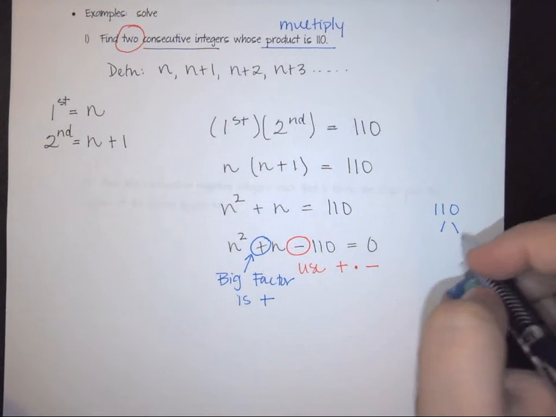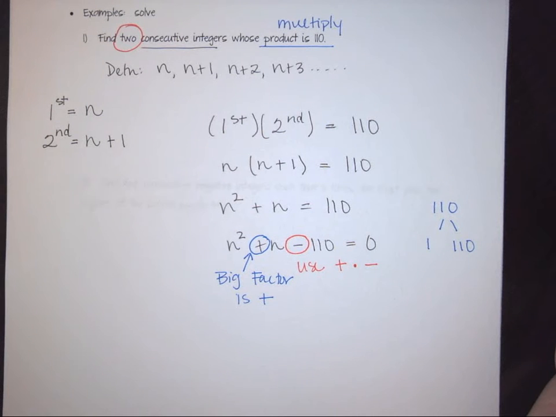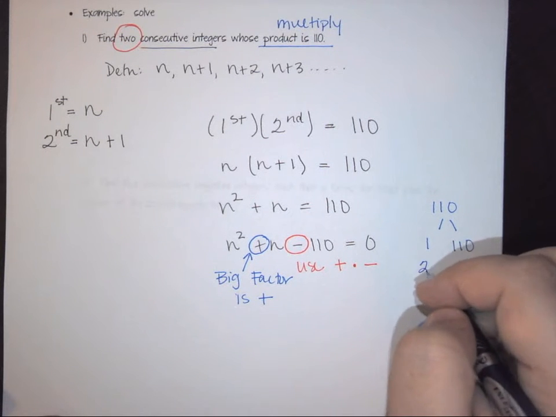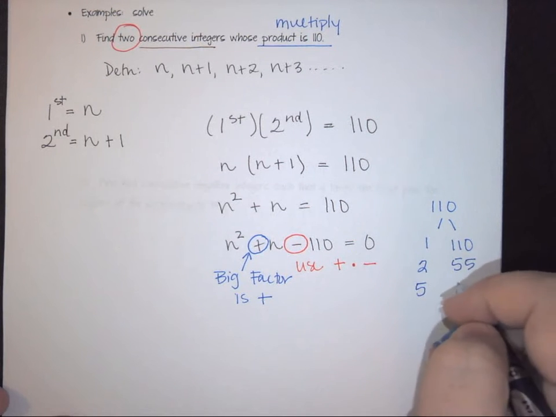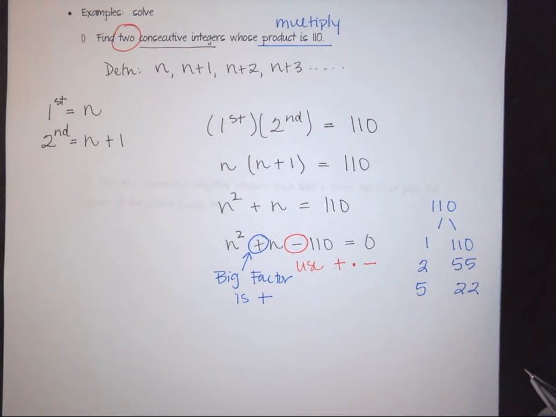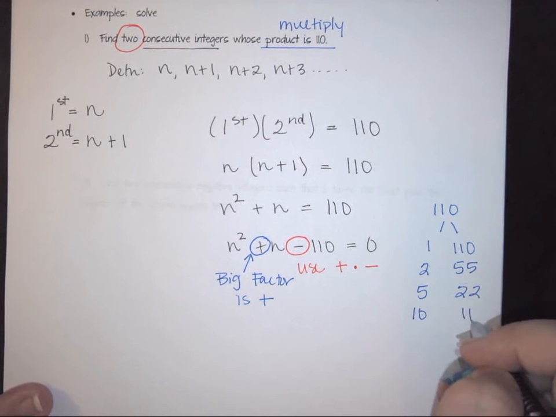So here we go. We know that we have 1 and 110. We're going to have 2 and 55. Five and 22. And then we have 10 and 11.